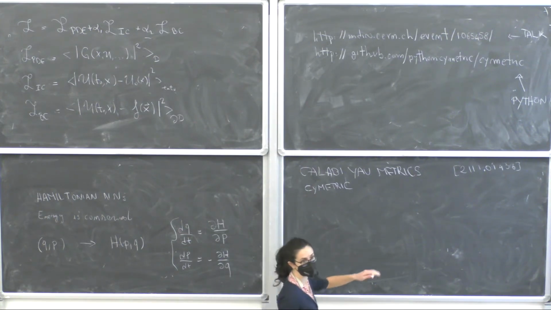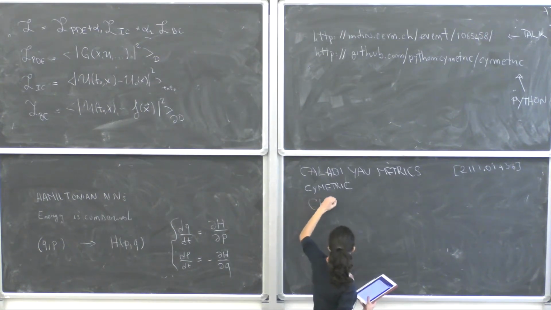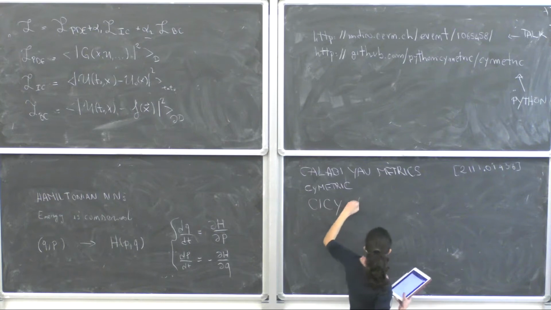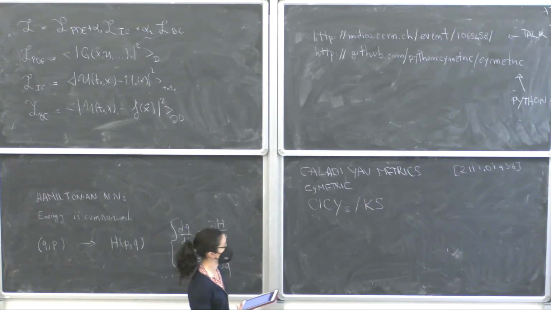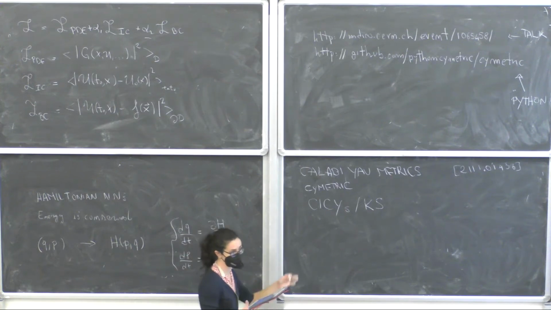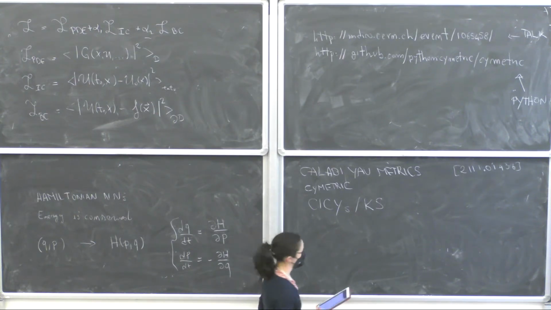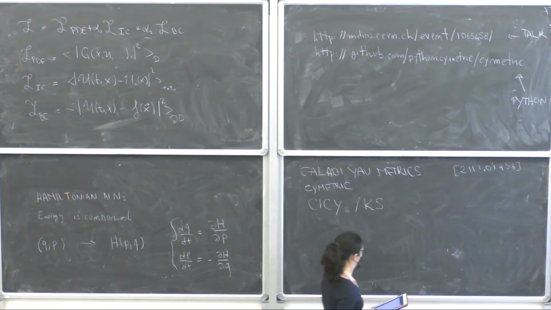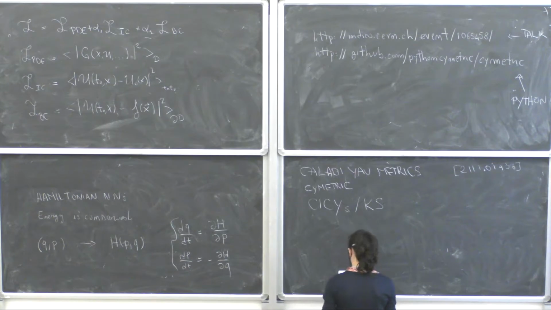This code works on CICYs and on the Kreuzer-Skarke list. Therefore, you can just choose your favorite Calabi-Yau, try to approximate the metric, and see how the network performs without coding too much. Then you can choose whether it's worth working with it or not.